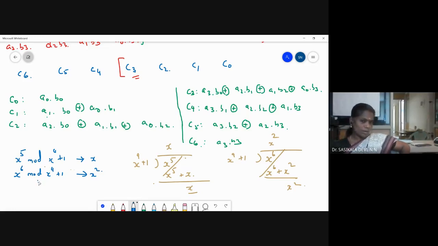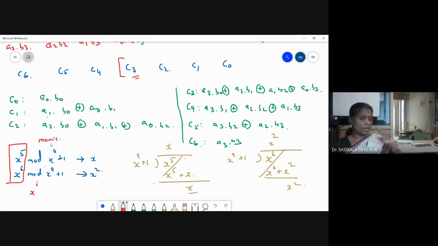So a very simple generalized formula for this is x power i mod x power 4 plus 1 is nothing but, it's a general formula, so I can write it in this notation, x power i. But this is true only with a monic polynomial. All these are monic polynomials. What do you mean by monic polynomial?